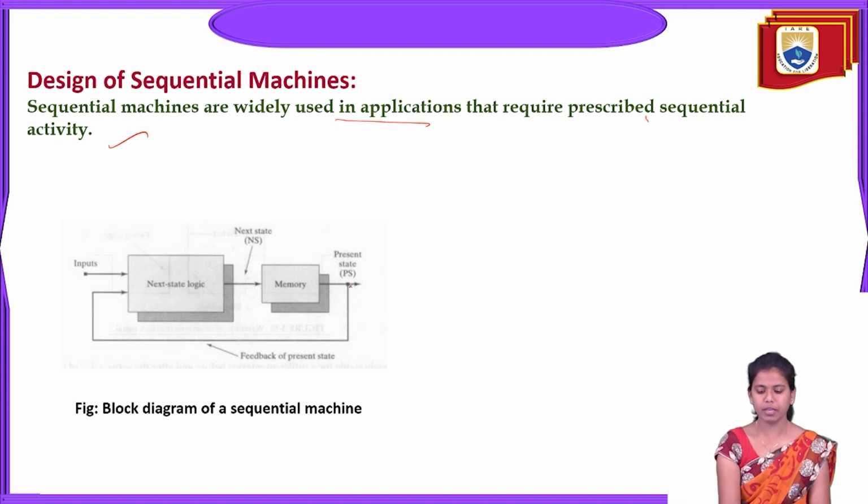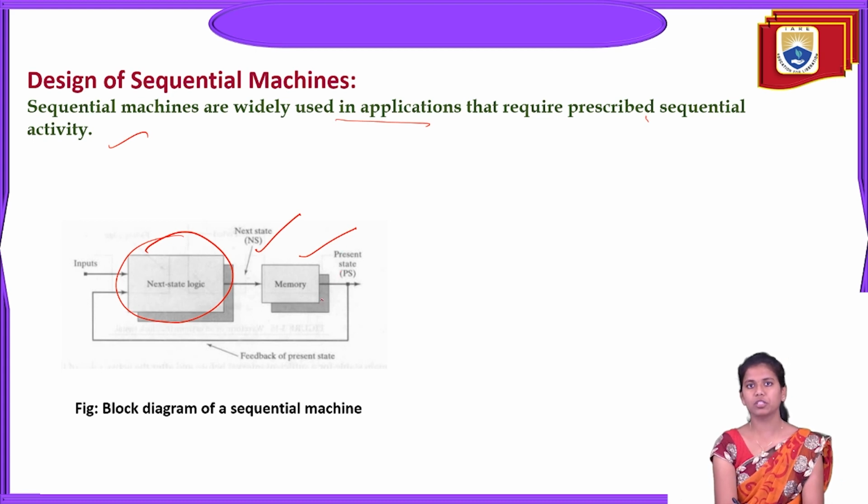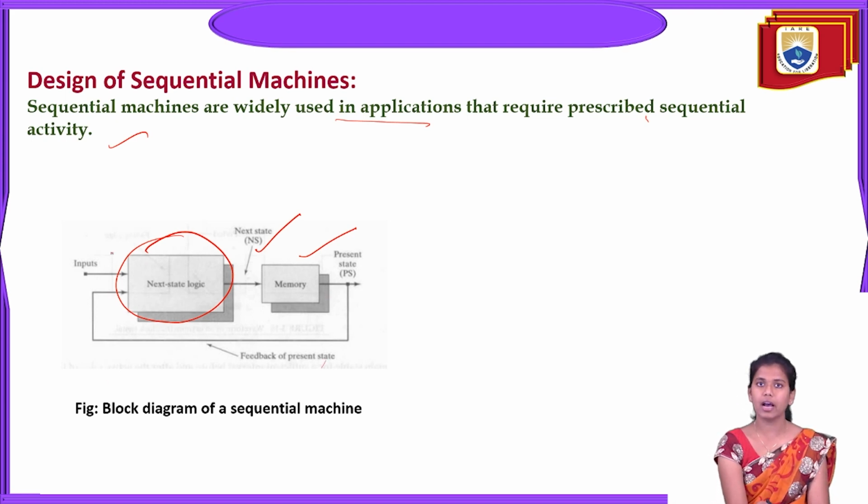So here we have a memory, which is the present state, and this is the next state. The next state is obtained only with the help of the present state. Whatever information the present state is holding is given back as feedback to form the next state. And from the next state, again it will have some inputs.